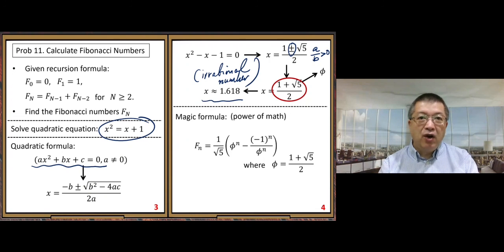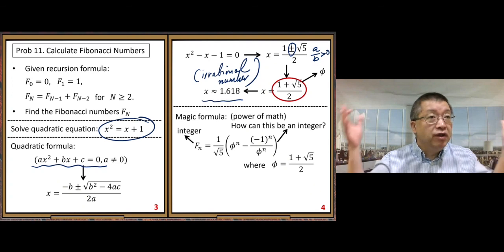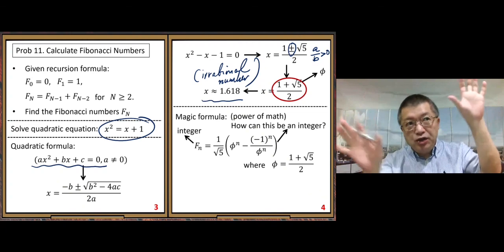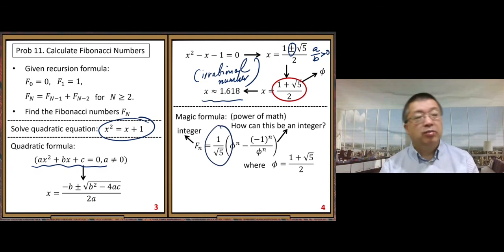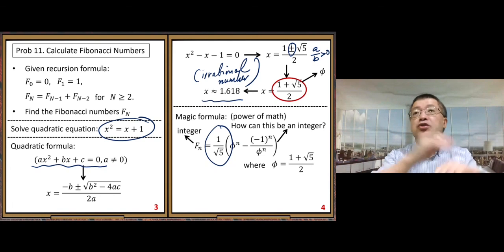You can see why I call it a magic number, because we know the Fibonacci number is an integer, but on the right-hand side, we use phi, the golden ratio, which is an irrational number. We use an expression of irrational numbers, and after we do subtraction and multiply by 1 over root 5, we get an integer.